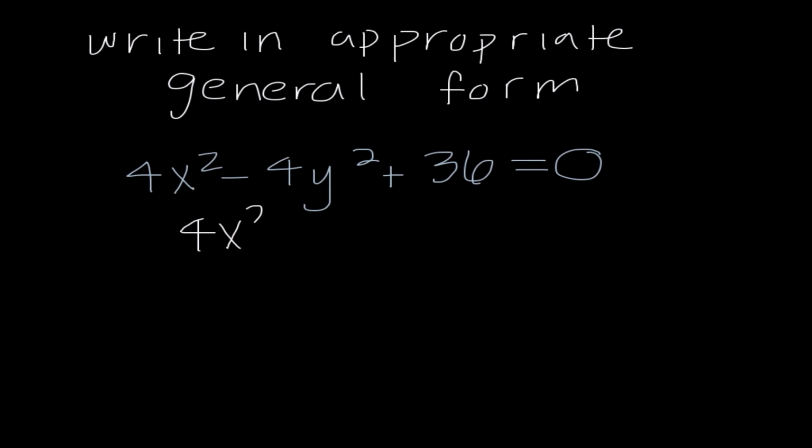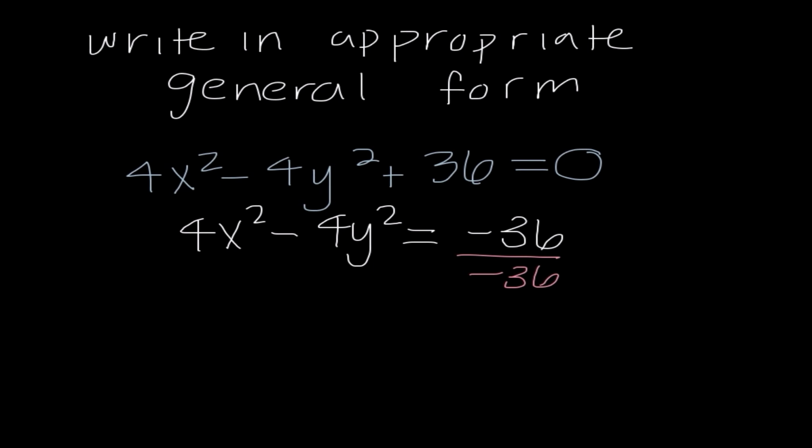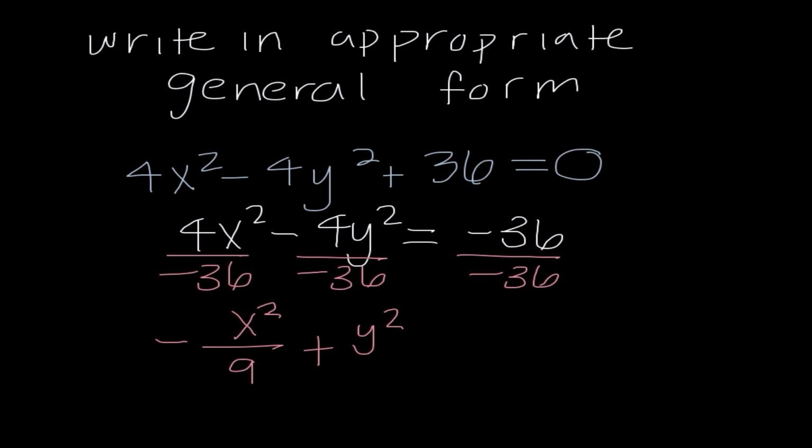So I know that it should be x squared and y squared on one side, and I should really have a 1 on the other side, so I'm going to subtract that constant first. And now to make this into a 1, I'm going to divide everything by -36. So this would give me negative x squared over 9 plus y squared over 9 equals 1.